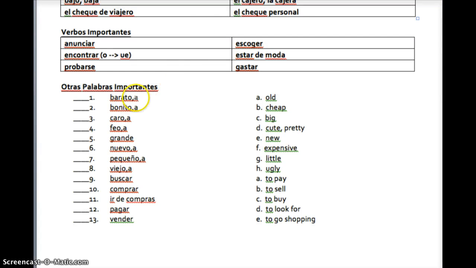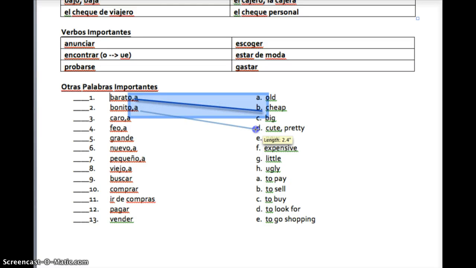Alright, so barato is cheap. Next one. Bonito is cute. Next one. Caro is expensive.